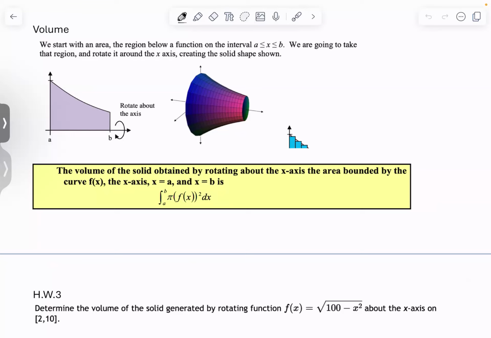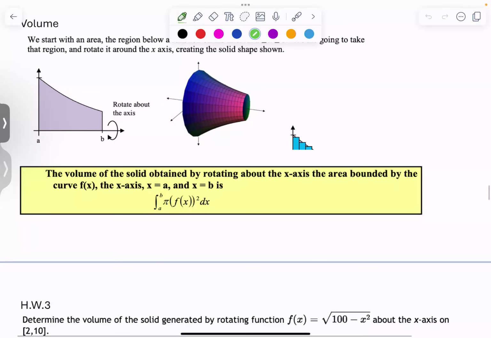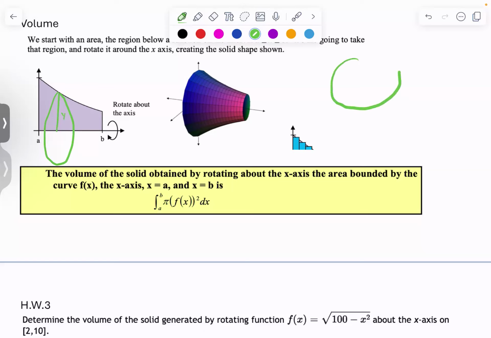And we are going to take each individual tiny little snippet, and what we're going to do is whip this around the x-axis. And it's going to form a disk, a circle, of radius, in this case, y. So to be clear, we're going to end up with a disk with a radius of y, meaning y is some function of x.